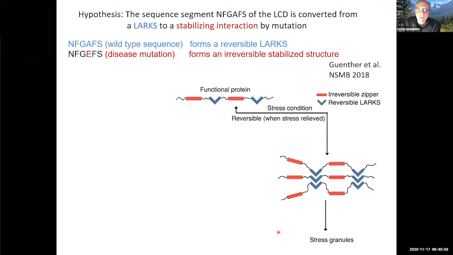So just to conclude here, to give our ideas about this, these proteins like TDP43, FUS, HNRPA2, and HNRPA1, they contain both LARCs, which are shown here by blue V-type structures, and steric zippers, shown by these red lines. And these proteins, under functional conditions like stress conditions, can form a reversible fiber, which is mediated by these LARCs rather than the steric zippers.